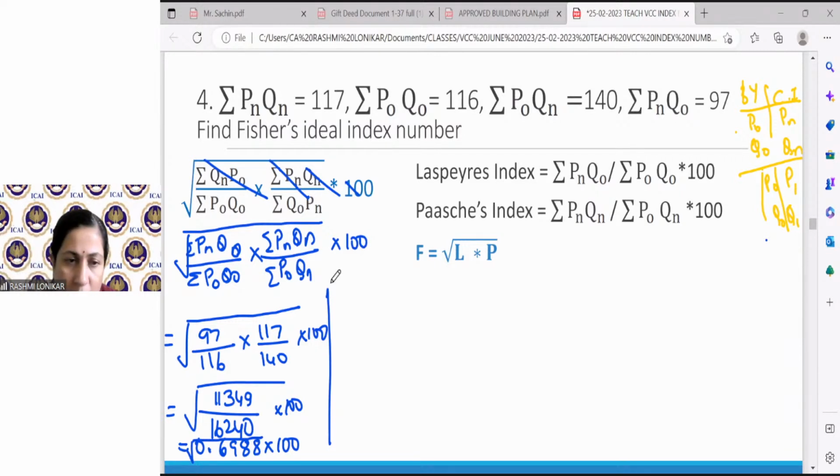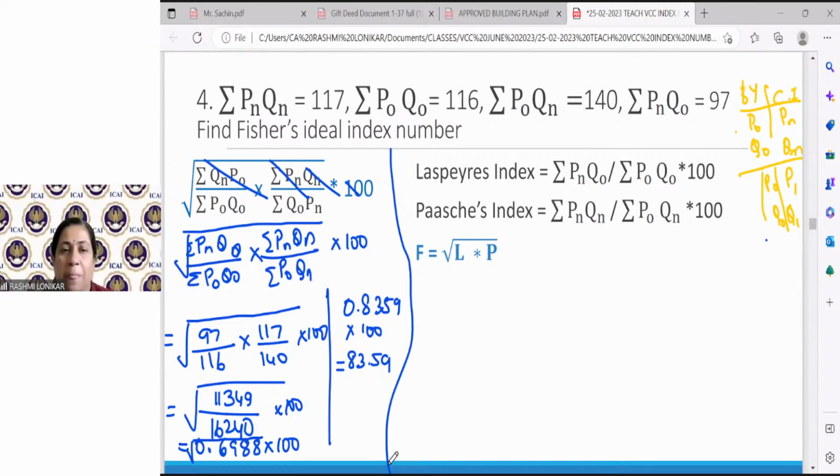It is 0.8359 into 100. So this is equal to 83.59. Yes, there is a decimal here. Yes, Aditya, thank you. Parul, Pramod, Pragati, Narendra, Aditya, Devendra. Okay, Shreya.